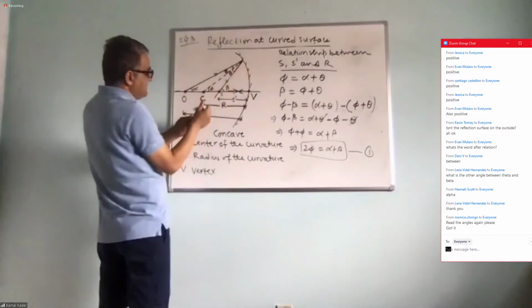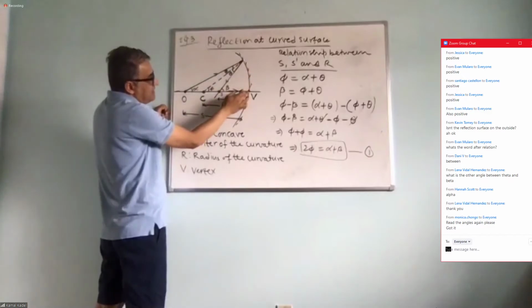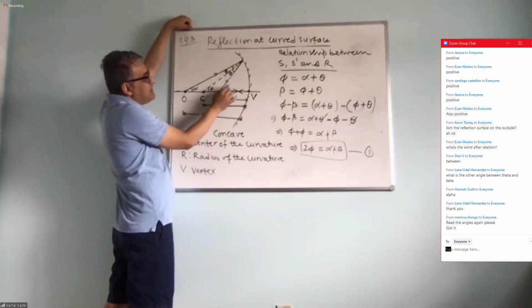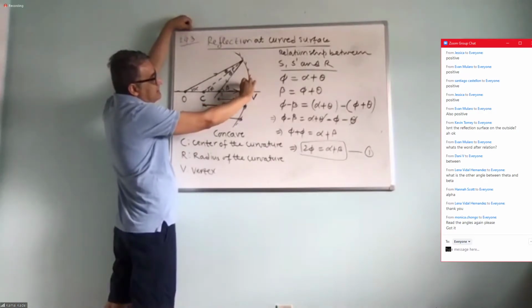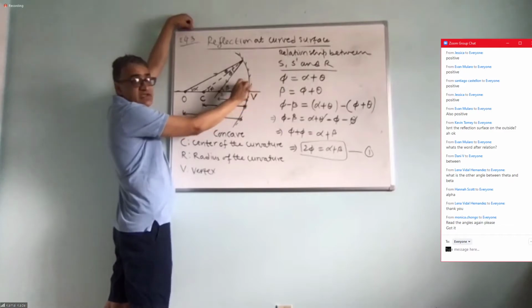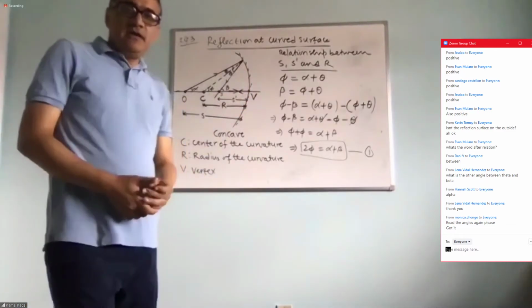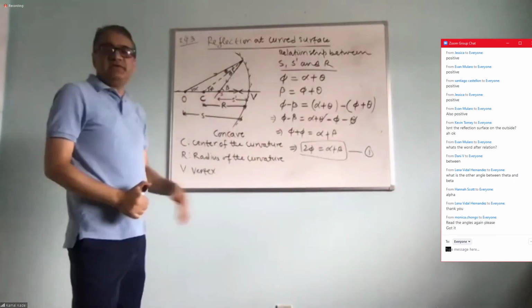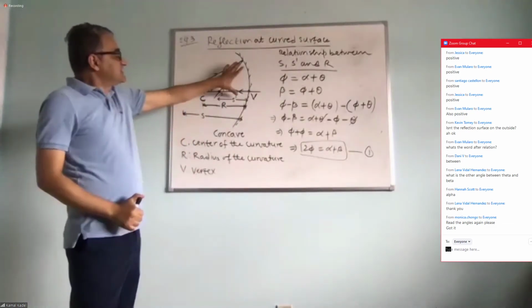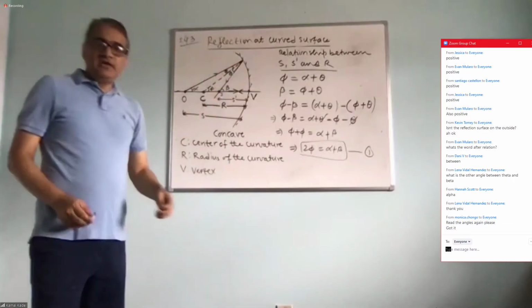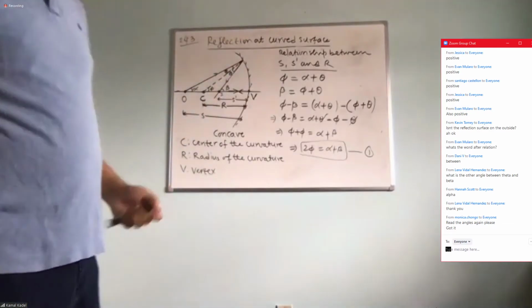This line here is a curved line for very big angles. But in terms of the small angle range, if I take this very, very small, it is a kind of straight line. So if alpha, phi, and beta are very small angles, this can be treated as a straight line. Then we can treat them as right angle triangles.